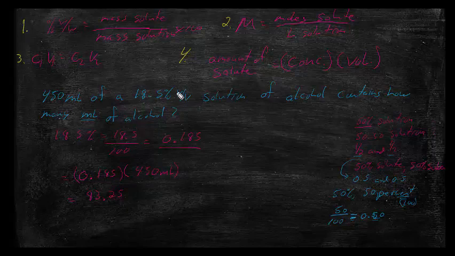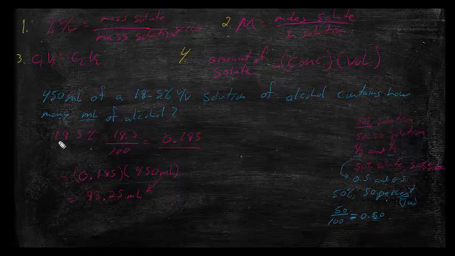Remember I said the units cancel in these percentages. So this is a label. It's not really a unit at all. So it's milliliters times 0.185. So it's 83.25 milliliters. These are the only units that we're going to have. So if it was percent by mass, fine, it would be grams or kilograms or something. But we're doing percent by volume, so it's milliliters.